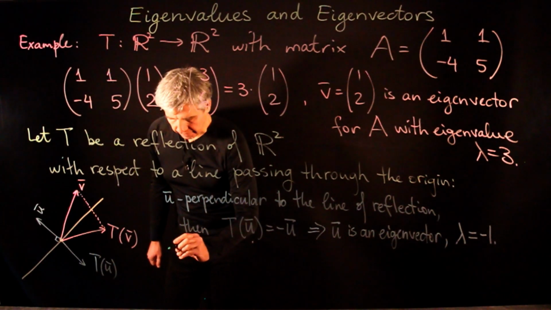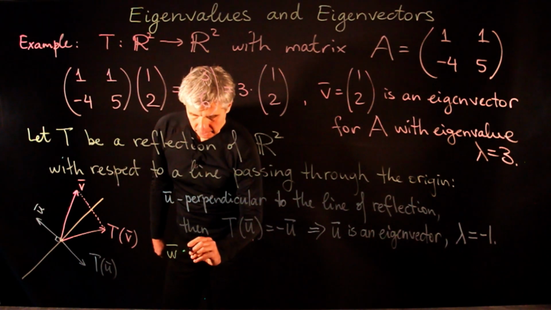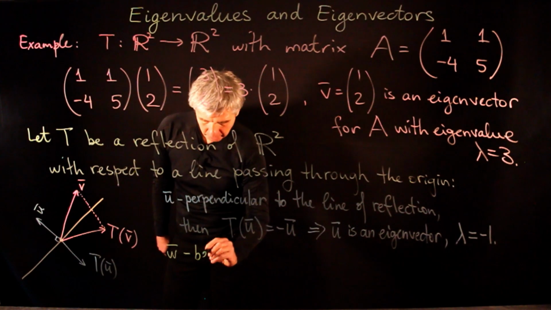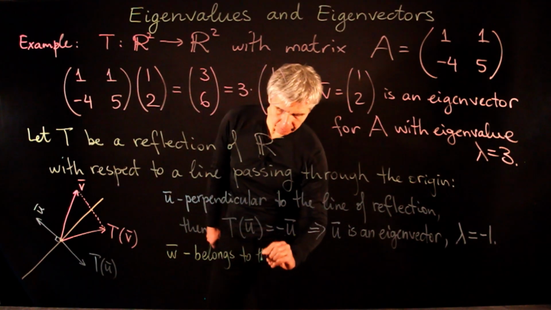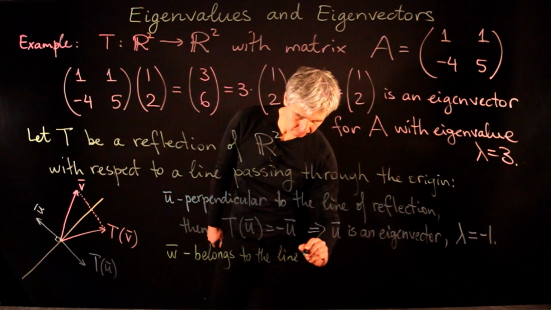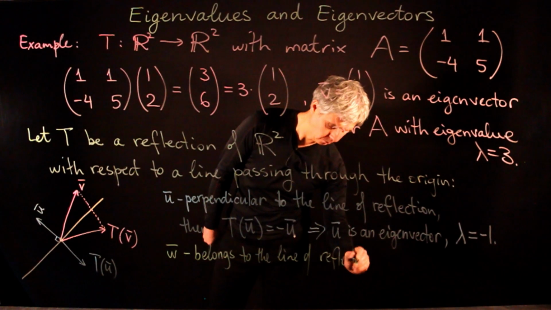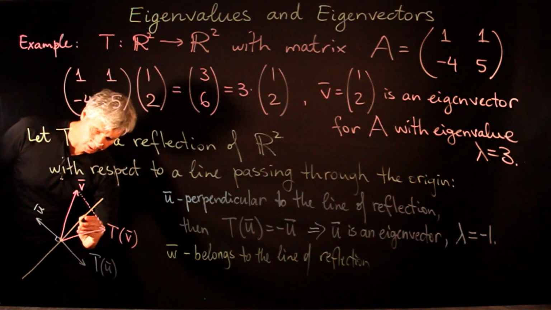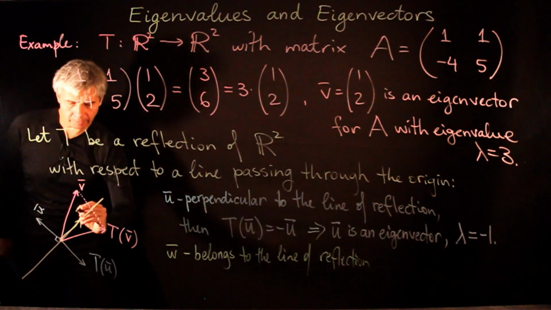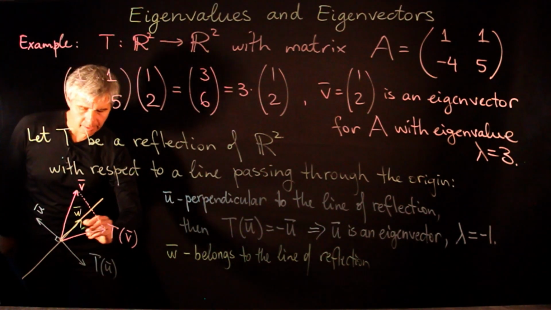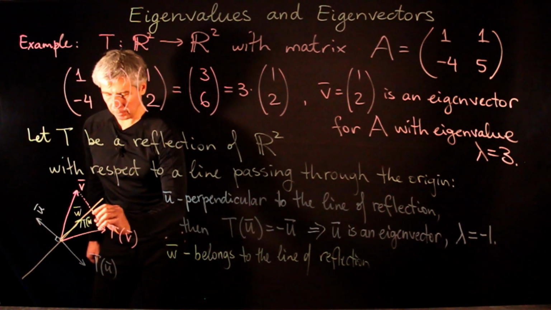And if we take a vector w, which is a non-zero vector which belongs to the line of reflection, so here we have a vector w which is on the line of reflection, then its mirror image is going to be the same vector w.